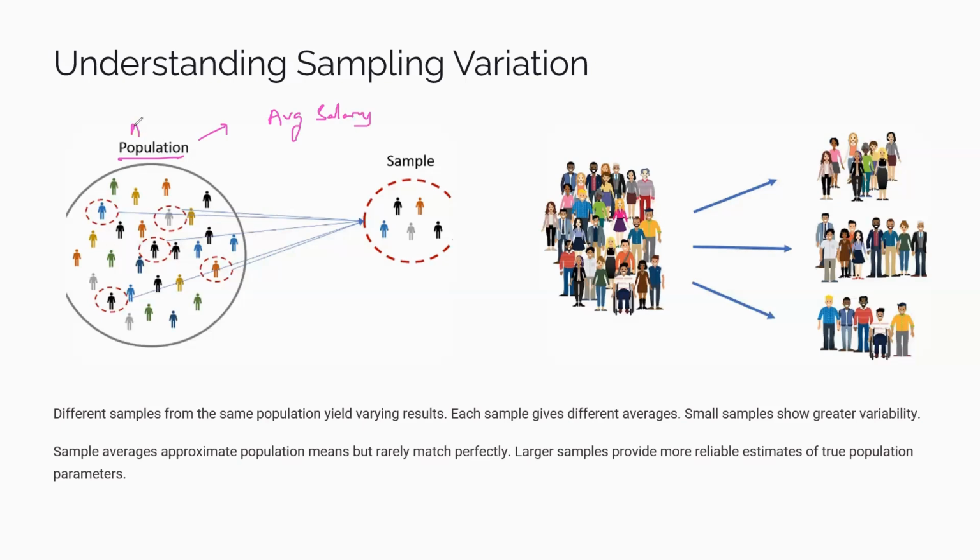Let's say this is one area, and this is our population. It could be any area, in India, in the US, whatever it is. So I'll give you one area and I ask, what is the average salary of this group? I want to understand what kind of lifestyle these people are living, their expenditure power. Probably using this information, I would also be able to help the government plan the GDP.